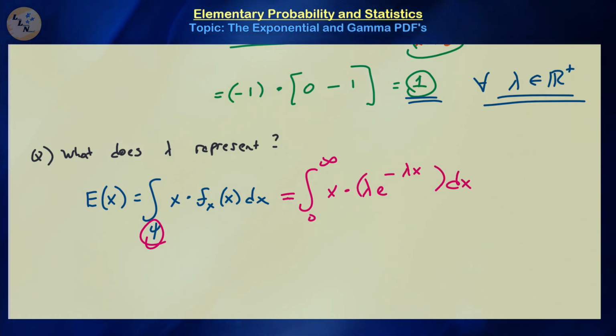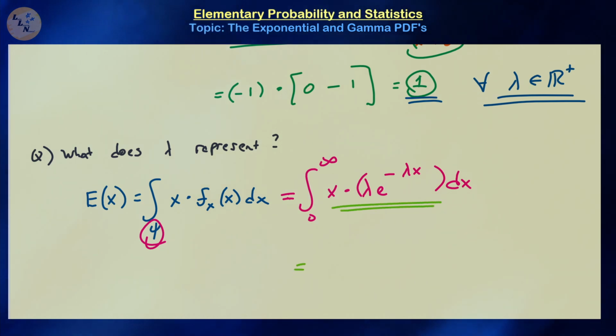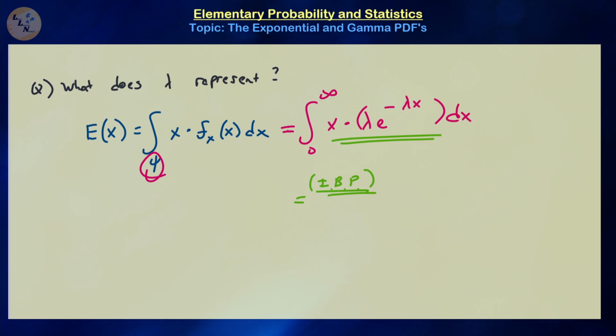Now if you don't know calculus, or maybe even if you do, you might not know how to continue with this calculation. But if you do know calculus, you can use integration by parts in order to evaluate that. And eventually you will get 1 over lambda.